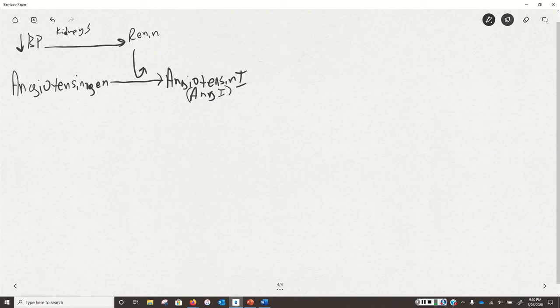Now, angiotensin 1 is circulating in our blood, and it is going to circulate until it gets to, of all places, the lungs.